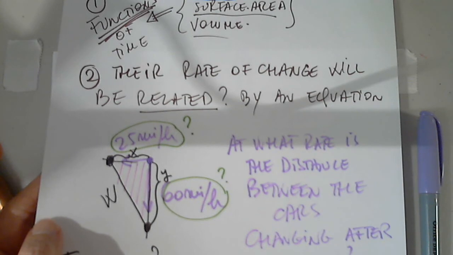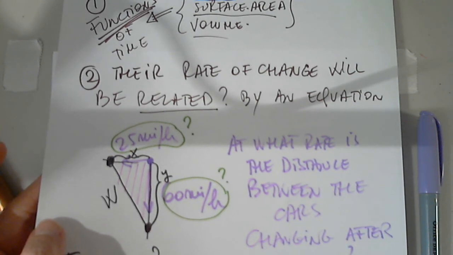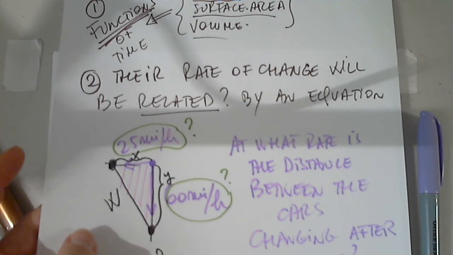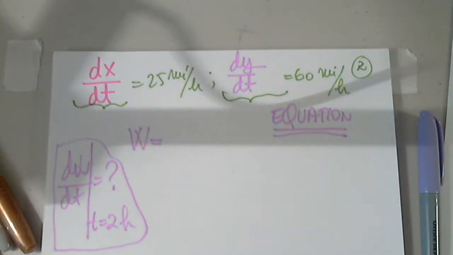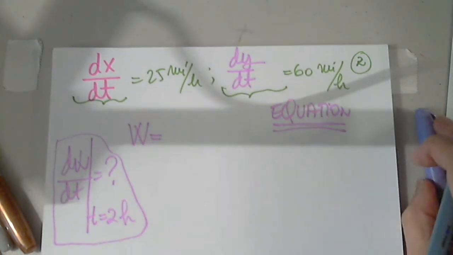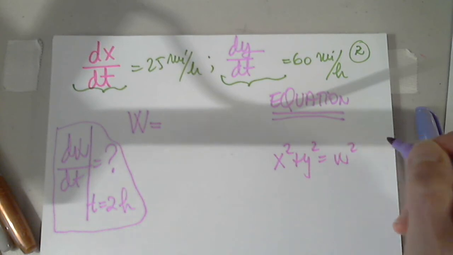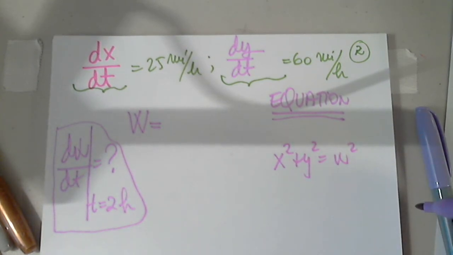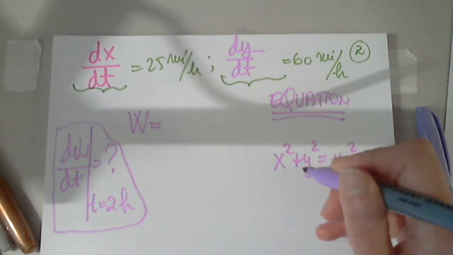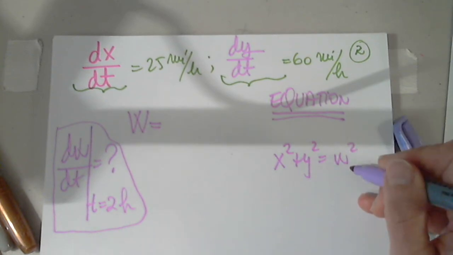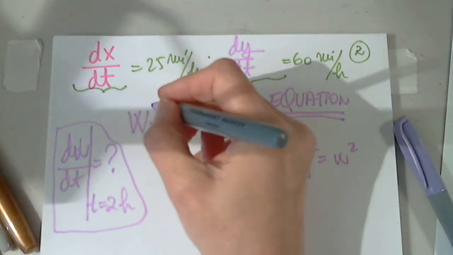Do we remember the Pythagorean theorem? Yes? Well? X squared plus y squared equals w squared? Right. But please don't say x squared plus y squared equals w squared in general, right? It's the leg squared plus the leg squared equals the hypotenuse squared. But I fully understand, it's perfect what you just said.